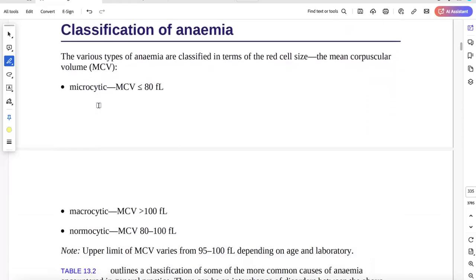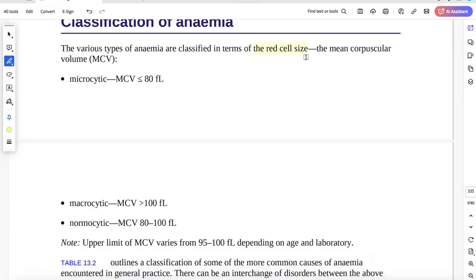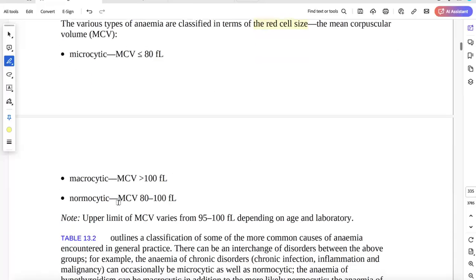Now, when we come to classification of anemia, we follow this division based on the red cell size. The red cell size is mainly measured by mean corpuscular volume. So MCV is the measure of the size of each red blood cell. In a normal red blood cell, the MCV should be between 80 to 100 femtoliter.